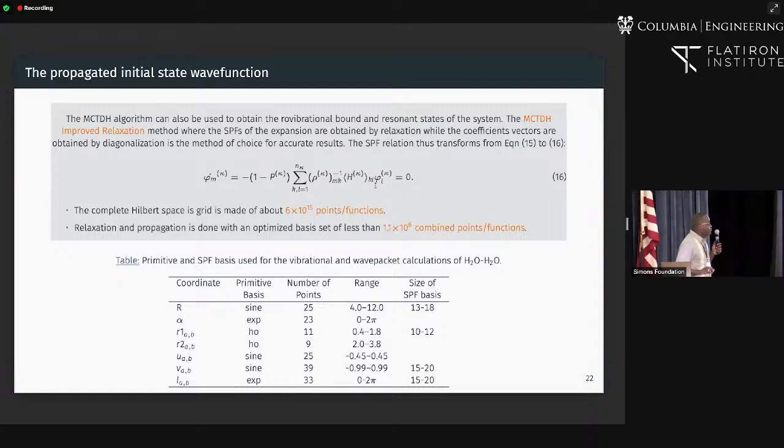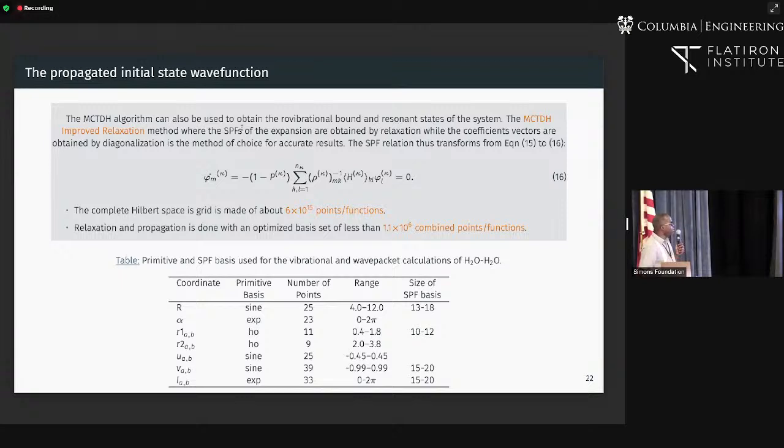For this kind of calculation, we actually do a relaxation, and the relaxation is propagation in imaginary time. Then we can get to the ground state of the system, so the system coalesces into the ground state. From that propagation, we have the actual state of the system, and we can then apply the radiation, electric field, or light, and then follow the propagation of the system and extract the wave packet.